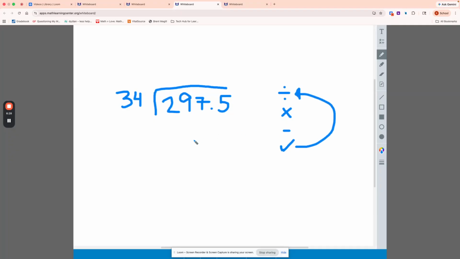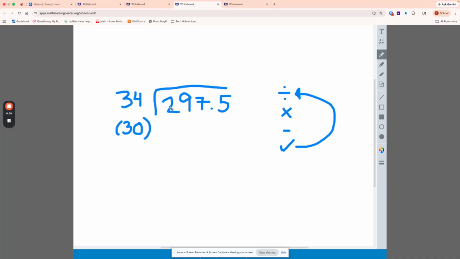All right, so 34. Remember when we were dividing a whole number by a whole number, we used a starting number that we rounded from 34, our divisor, that would be easier to divide in our head. So we're choosing this power of 10, 30.